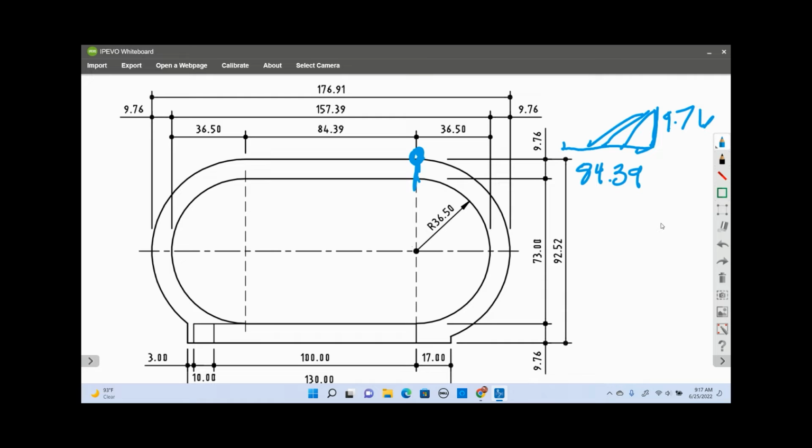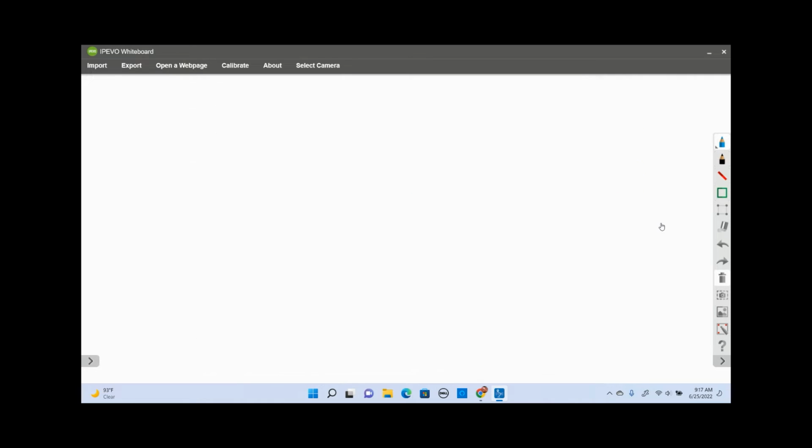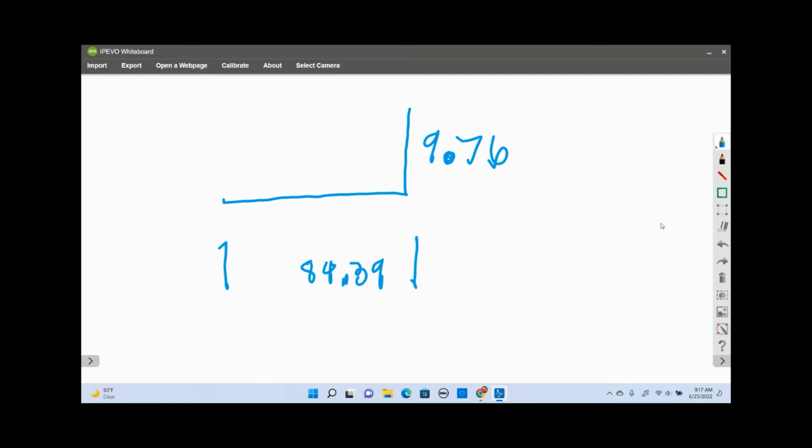So give me a blank page and let's construct this diagram. I'm going to draw this again. So we got this guy, and this is 9.76. And this overall distance here is 84.39.